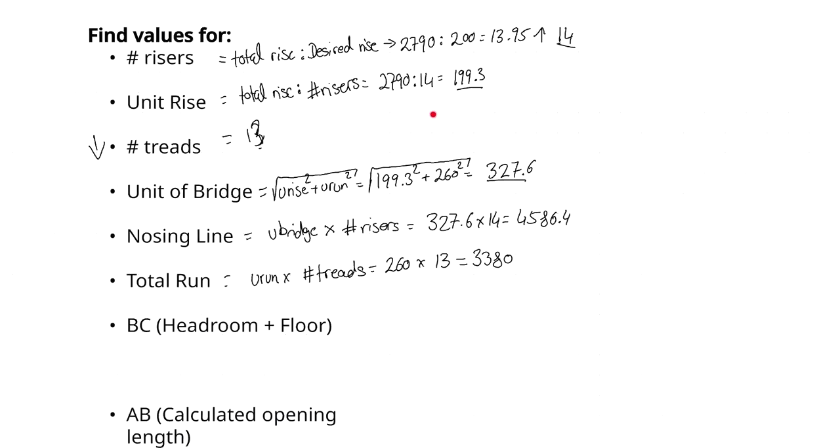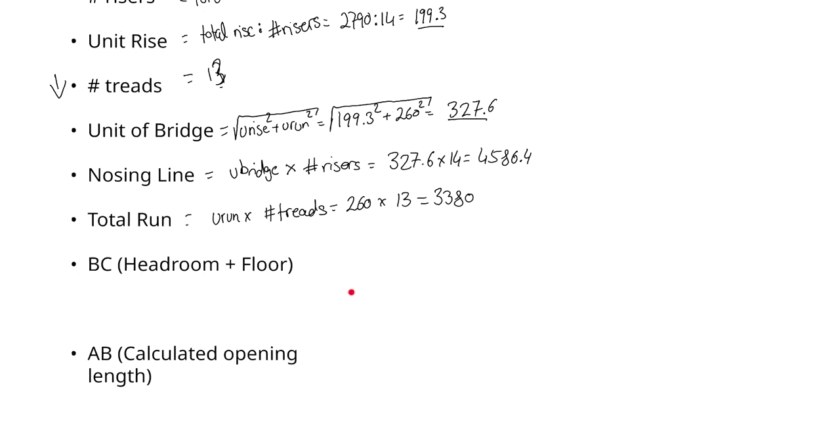So we have our headroom and the floor. Headroom was 1950 plus 195. That gets us 2145. Now that's important to remember.